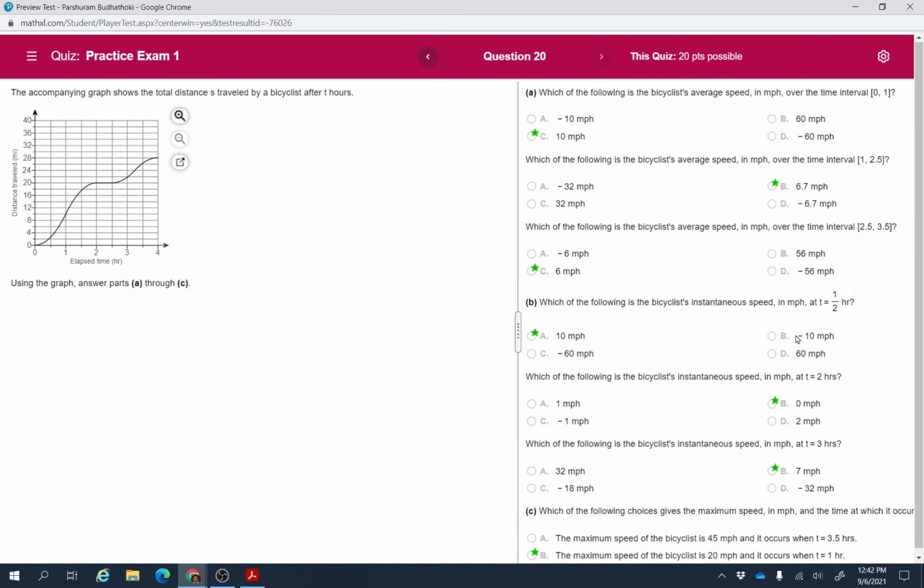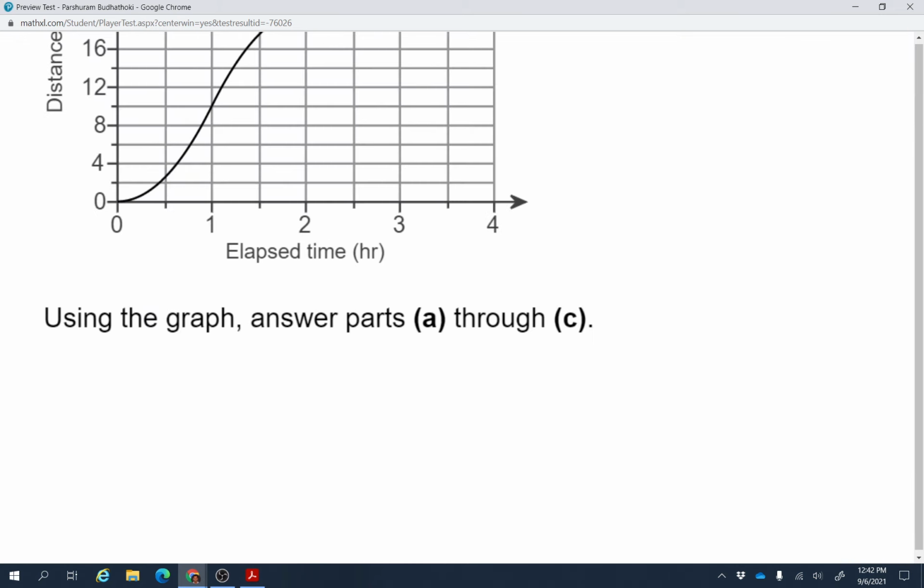So there is a negative value and two positive values, 10 and 60. So we just have two possible answers because if you try to find the slope of this line, this is positive. And now the slope means it's rise over run.